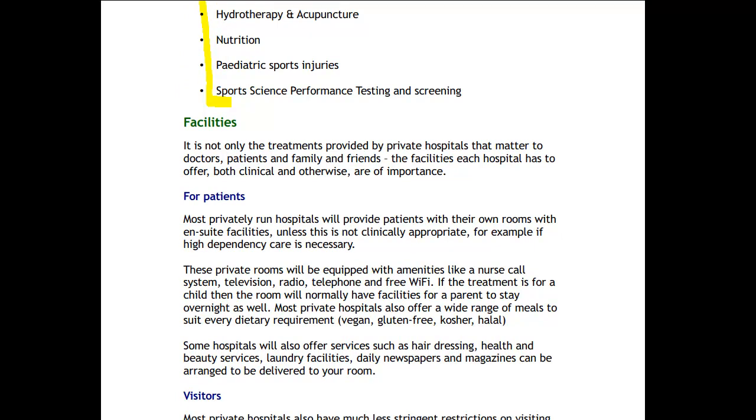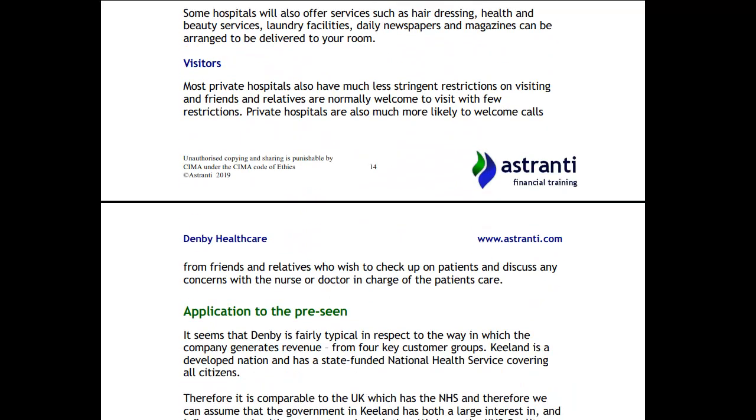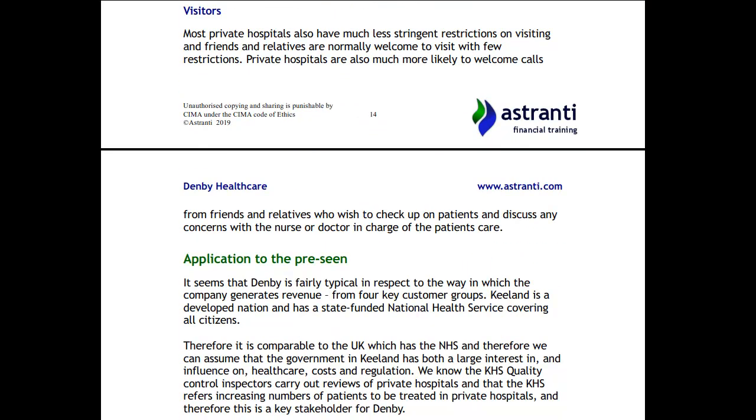And we won't go into this in too much detail, but essentially private hospitals tend to have a much more comfortable environment for patients to recover in. So we've talked about the fact they've got private rooms, for example, unrestricted visiting hours. Many of them will have much higher quality food, for example. So all of that goes into creating a much better patient experience, which is important when patients are choosing to have treatment privately.